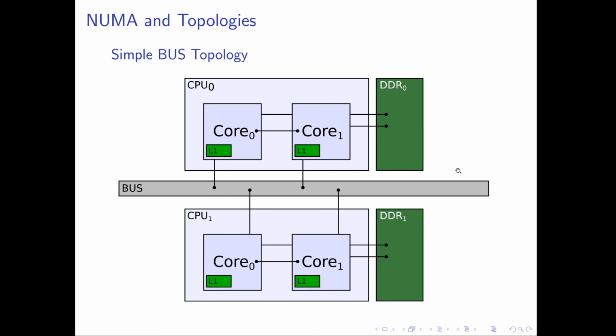As you can imagine, when CPU 0 accesses its own DDR memory, this is faster than when it would access DDR memory that is owned by CPU 1, because the accesses go through the bus. And as another layer of complexity, there are also caches associated with the cores, and we will talk in a later session about why those caches are also connected with the bus here.